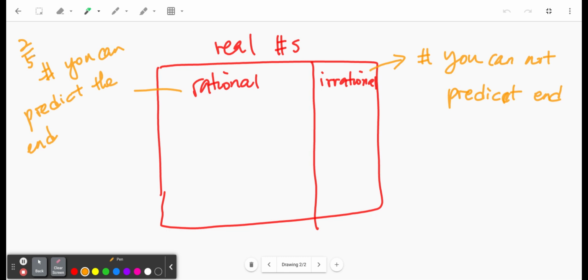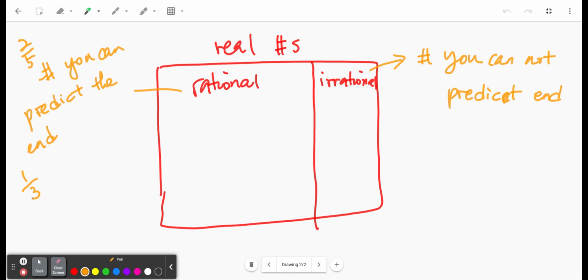Is there an end to the number? What's the end of that number? 4. So 2/5 is rational or irrational? Rational, very good.